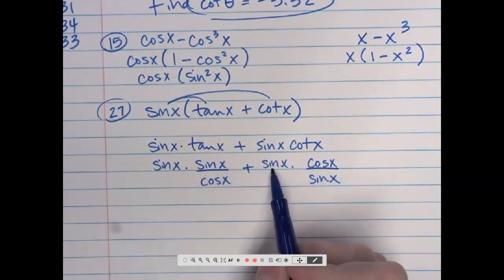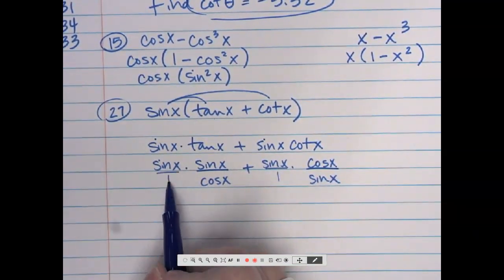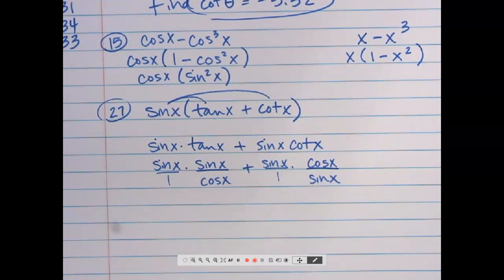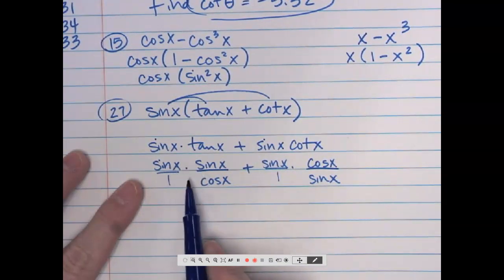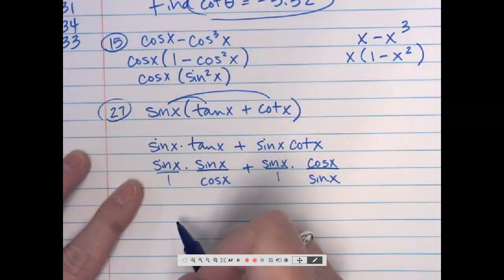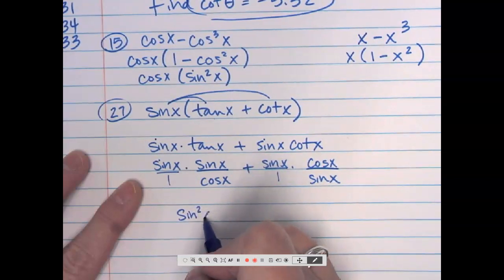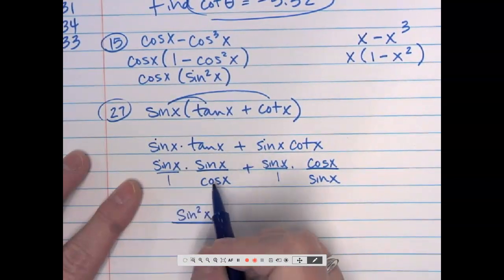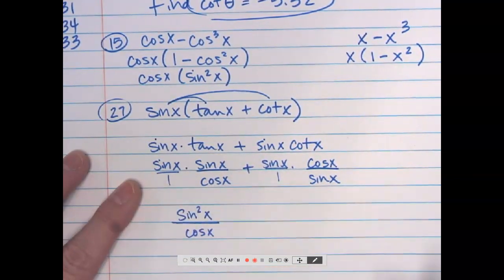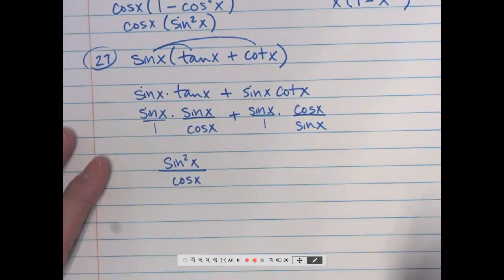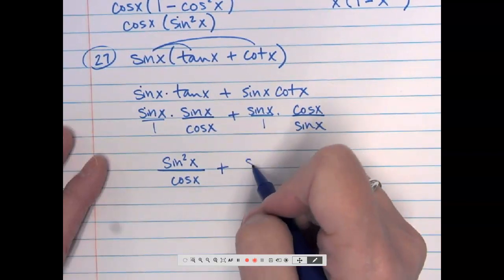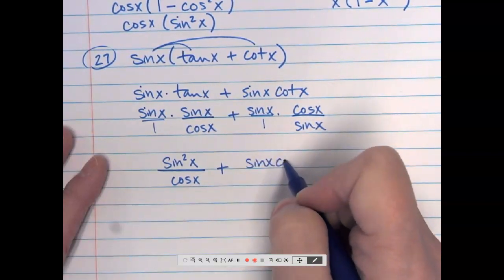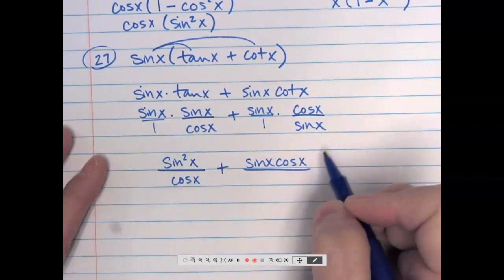Now, these are multiplied, so you might want to think of those sines as being over 1. And let's keep going. So if I multiply these two together, I multiply straight across. So that sine times sine becomes sine squared over 1 times cosine is cosine. Plus, sine times cosine is just sine cosine over sine.